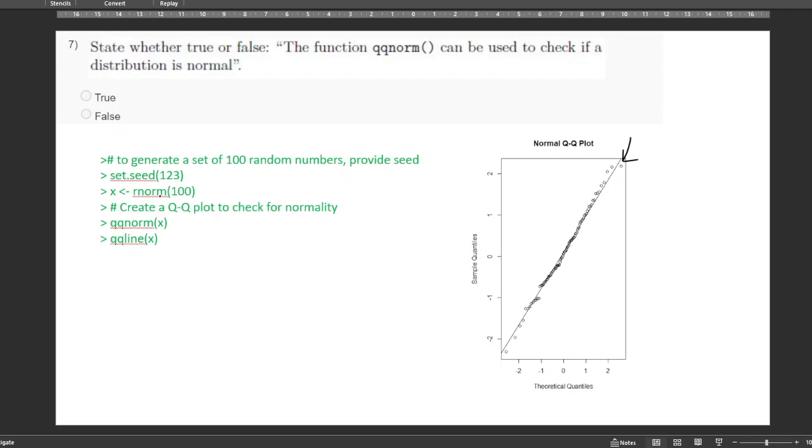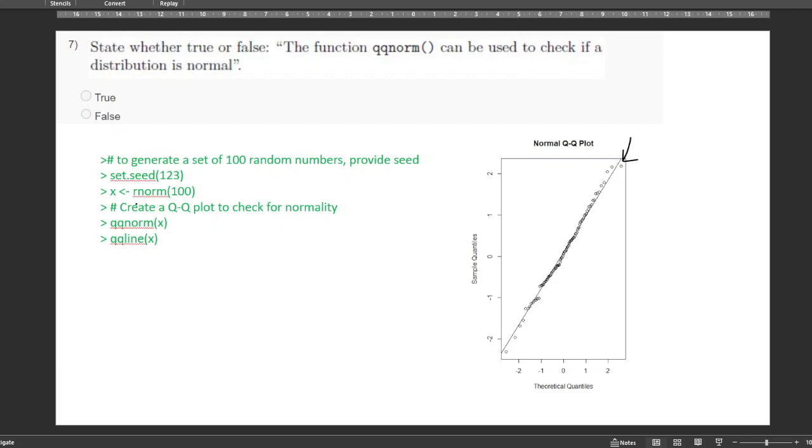Then I'm using rnorm, which generates random numbers from the normal distribution. I'm generating 100 normally distributed random numbers and feeding them to the variable x.